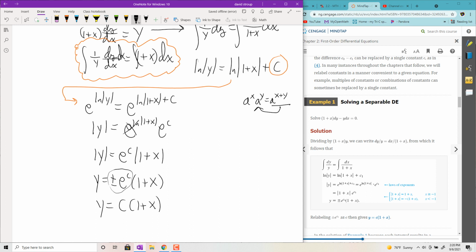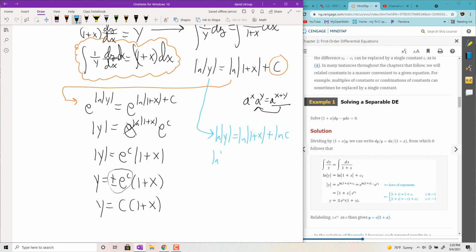One other issue the book notes is right here. You could write the constant on the right-hand side as an ln. Basically, the constant just represents any real number, and because the range of ln of c is all real numbers, you could use that in place of c.